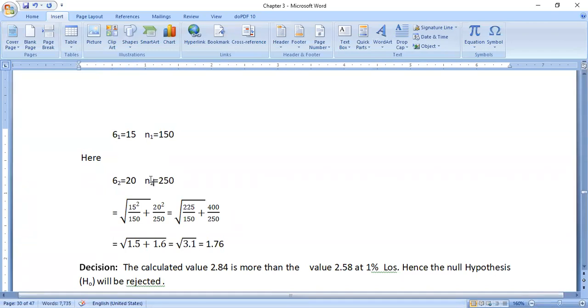So we are going to solve with the given information. The formula is the square root of standard deviation 1 squared by 150 plus standard deviation 2 squared by 250. Finally we got the answer 1.76. So observe the calculation part carefully. 1.76 we got, and we completed the calculation.